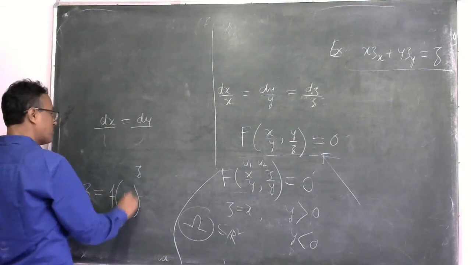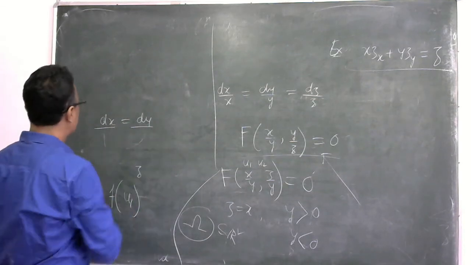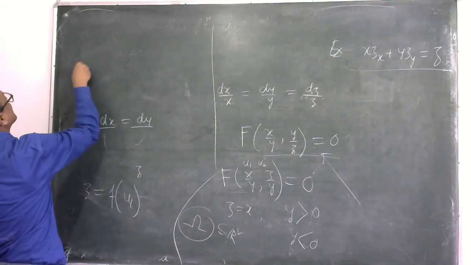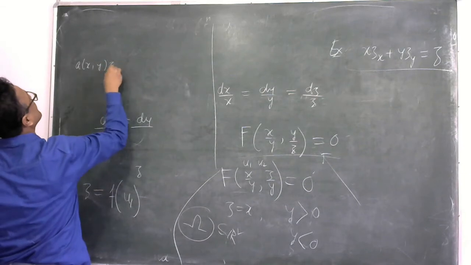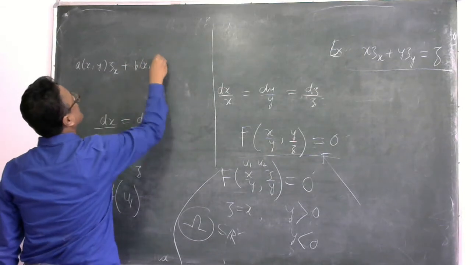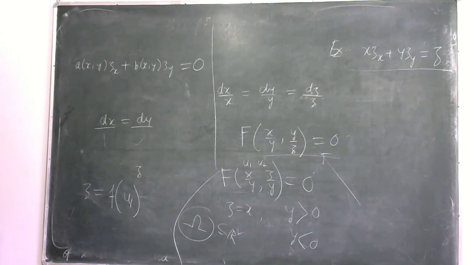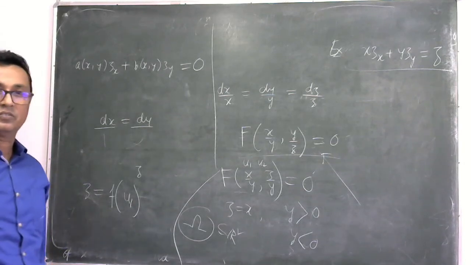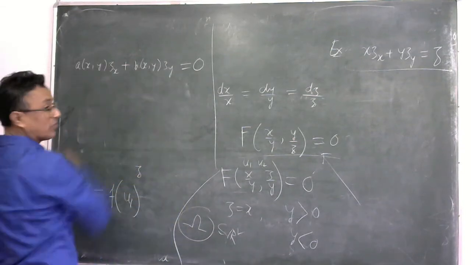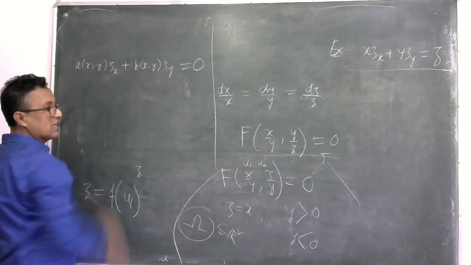In those cases we can always express u as a function of the other. I am just going to give you an example. Suppose this is equal to 0, and of course I am assuming that at least one of A and B is not 0.